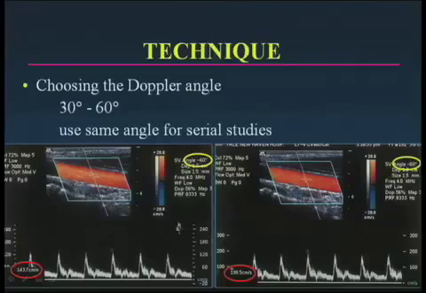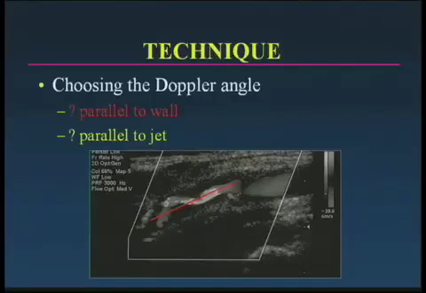This is the same patient on the left. The angle is at 60 degrees, which is correct. The velocity is 143. And here, when that angle is incorrect at 68 degrees, you can see in the same patient the velocity is increased to nearly 200. So if your angle is too high, you're going to get an artificially elevated peak systolic velocity, and therefore you will overestimate the degree of stenosis.